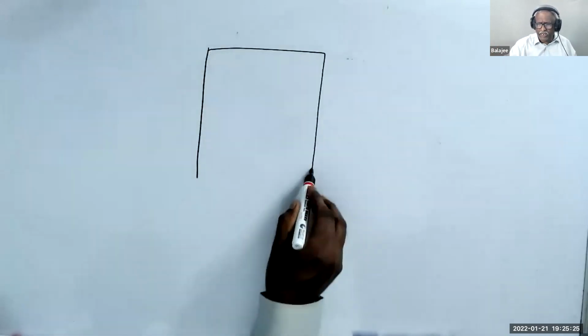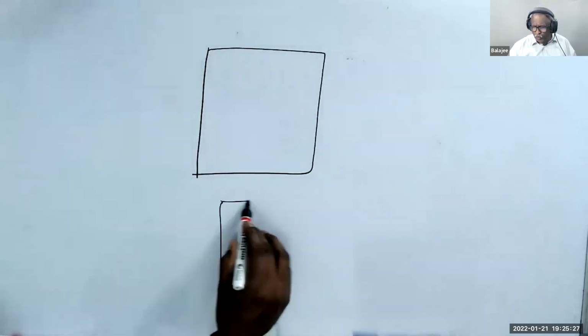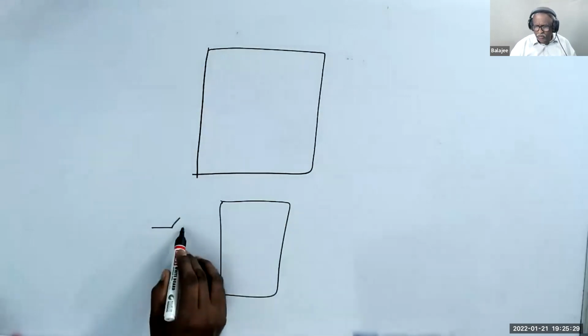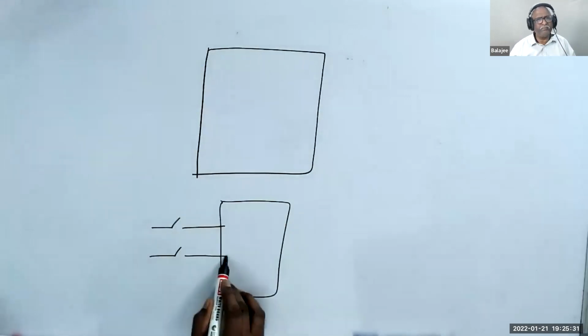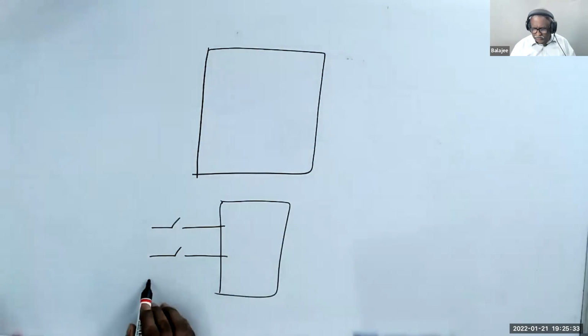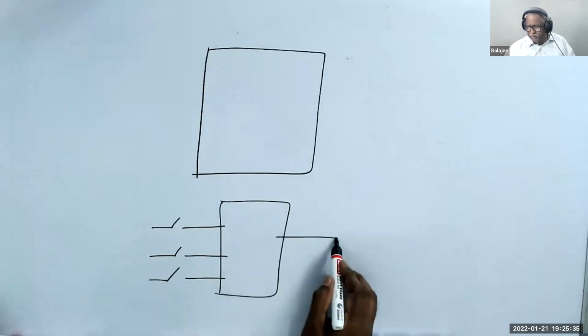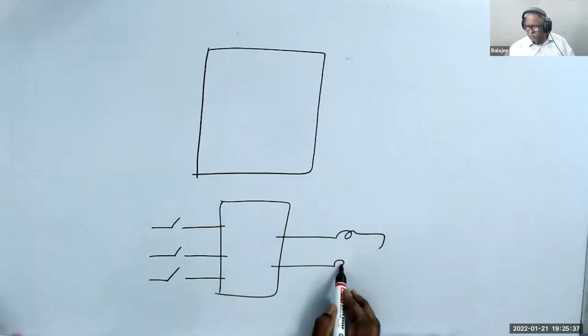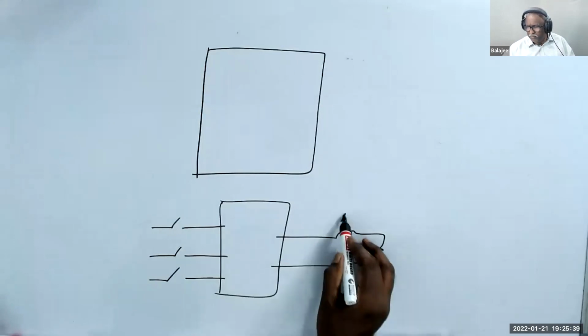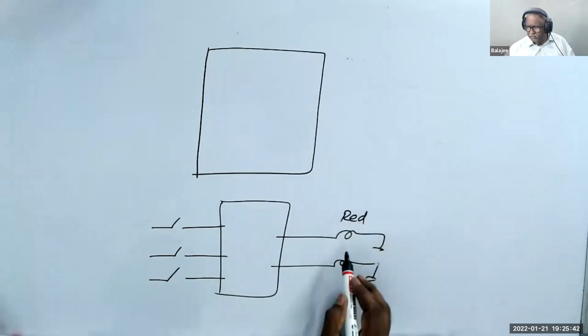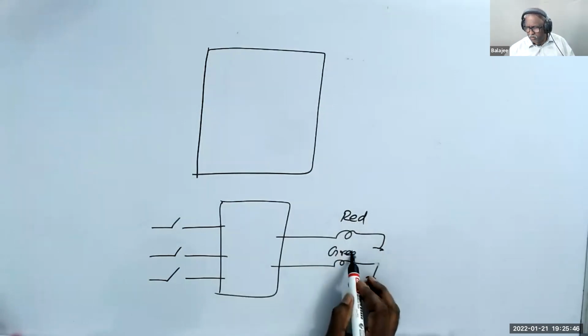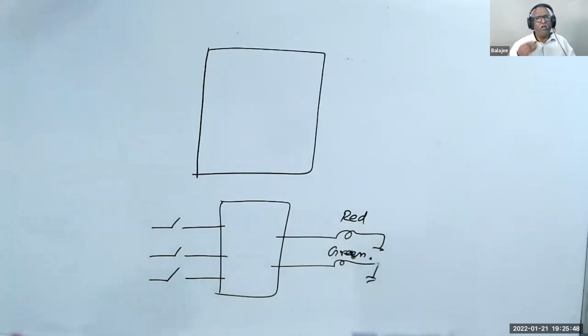I put a table here. For example, I have two switches as input, or three switches. And I have two bulbs. This is a red bulb. This is a green bulb. You understand now?